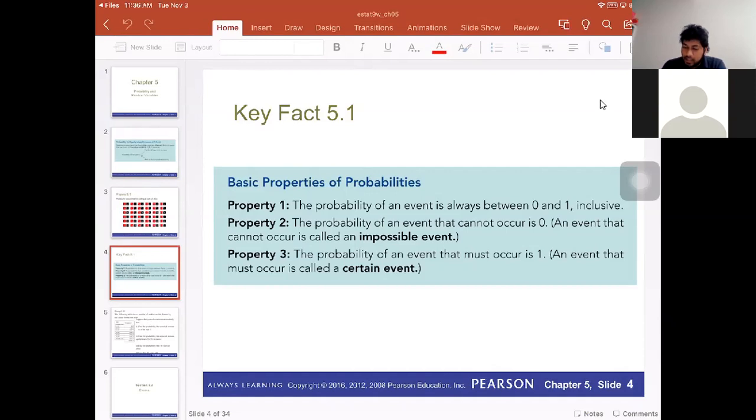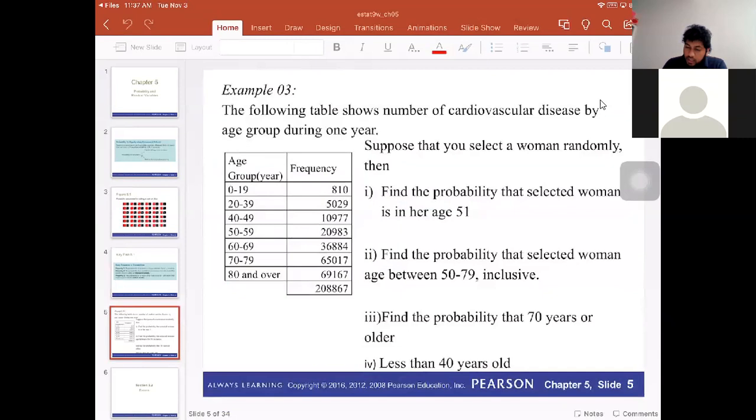If the probability value is 0, that event cannot occur. If the probability value is 1, that event definitely happens. So there is an example.